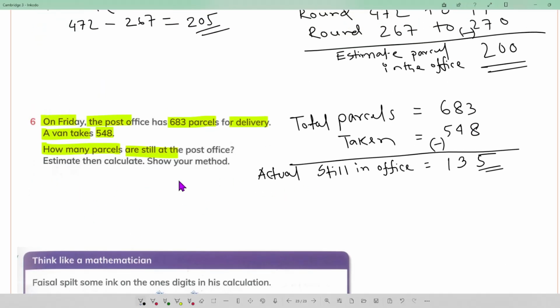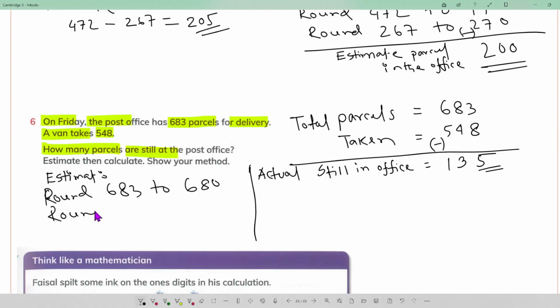Estimate, we can write here. Estimate. Here round 683 to what? 680. Round 548 to what? 550.